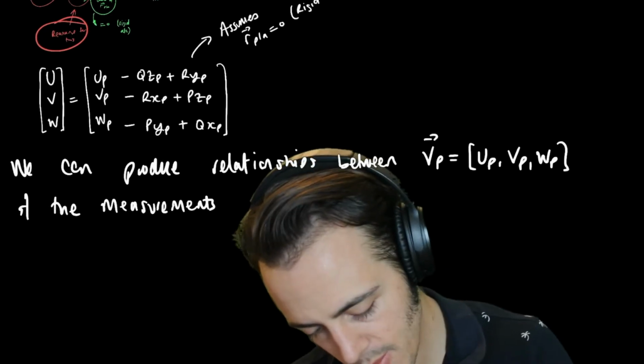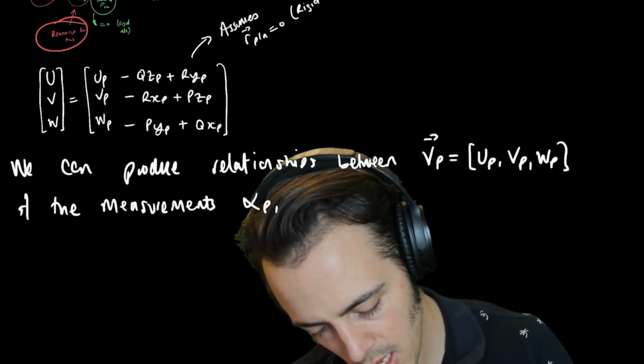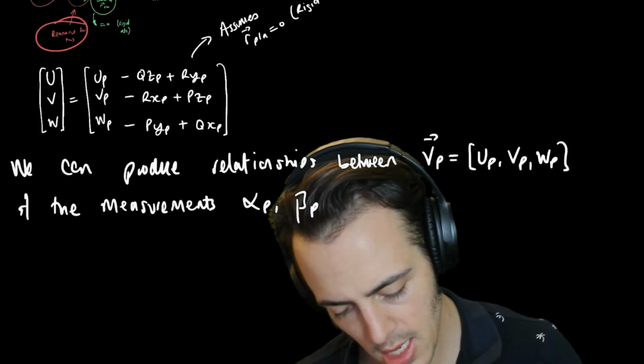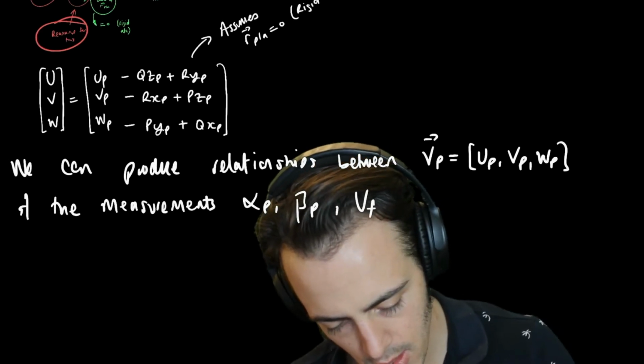And remember the measurements we've got are alpha P, beta P, and VFP.